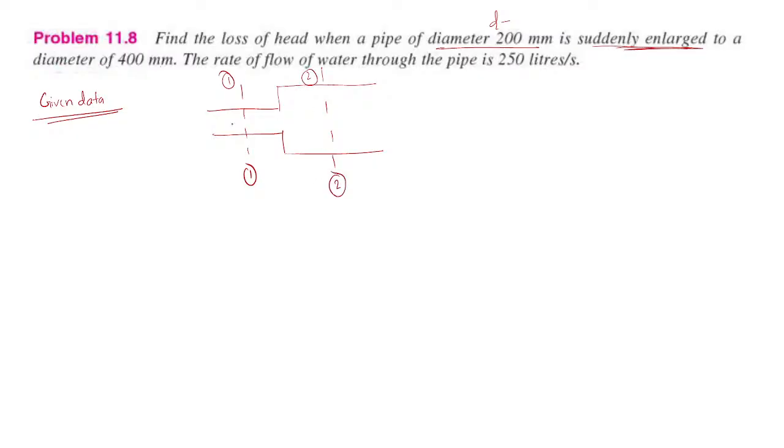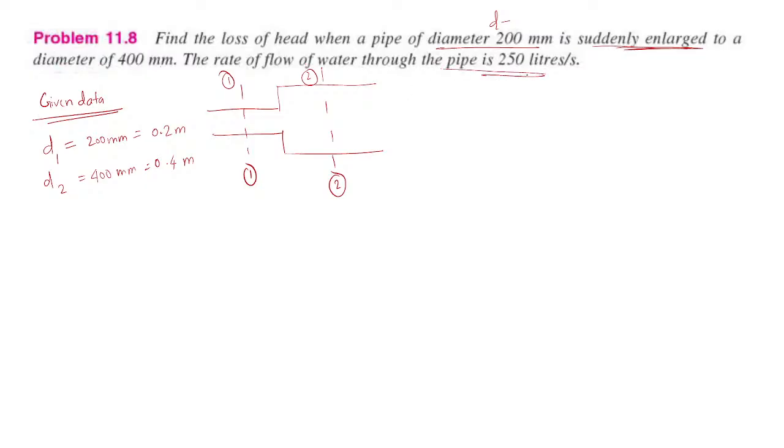You can write D1 equals 200 mm, which converts to 0.2 meter. D2 is 400 mm, which is 0.4 meter. Now the rate of flow is given.